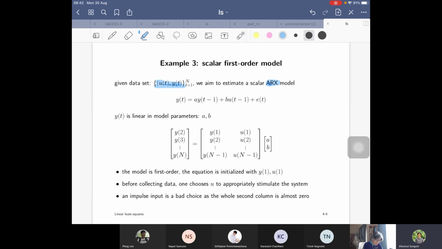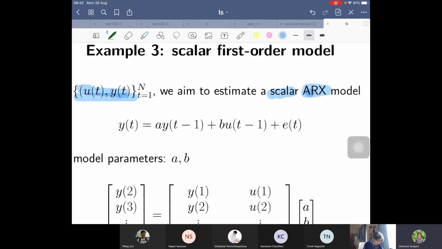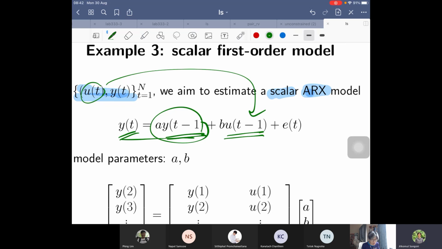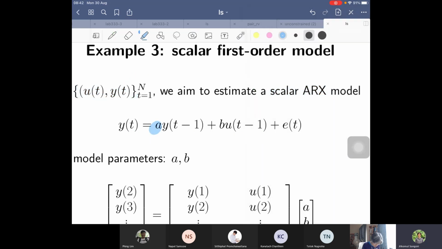The ARX model, the scalar one, not a vector one, is described by this equation. Y depends on the first order lag of y. This is called the autoregressive term, and it depends on the exogenous input, or of course our deterministic input. So your goal is to estimate A and B.